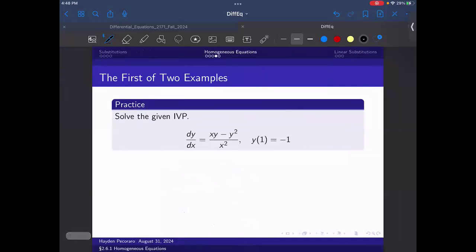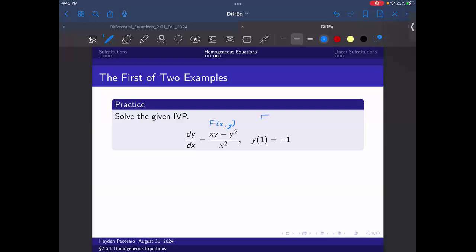All right, so here are a couple of examples. We want to solve this IVP. First off, is it homogeneous? I would hope so because we're in the homogeneous section, but let's check. So we've done this already. This is our f of x, y.